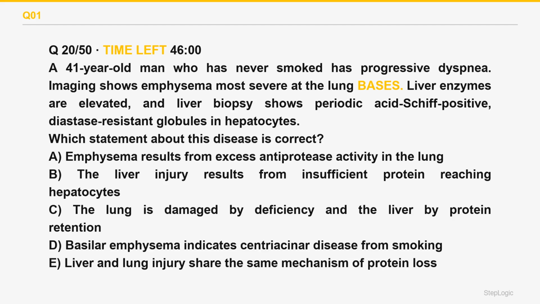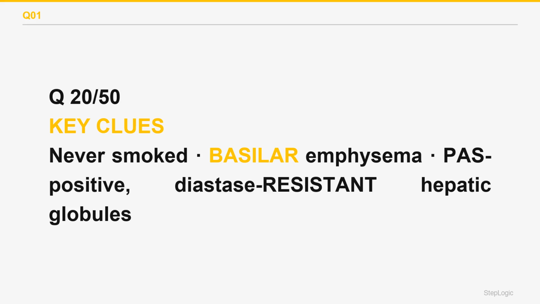Alpha-1 antitrypsin deficiency injures two organs by two opposite mechanisms, and the exam tests whether you can hold both at once. Alpha-1 antitrypsin is made in the liver and exported to inhibit neutrophil elastase in the lung. The mutant protein misfolds, and that single defect produces two different diseases. In the lung, the problem is deficiency.